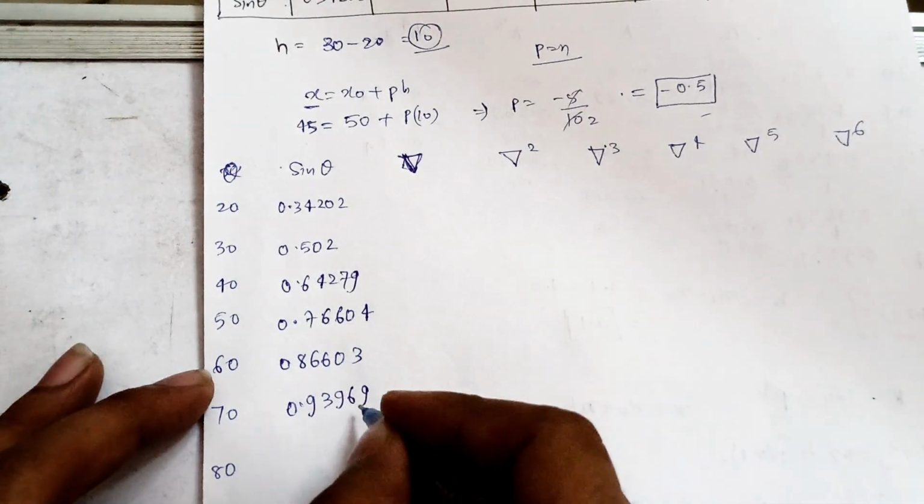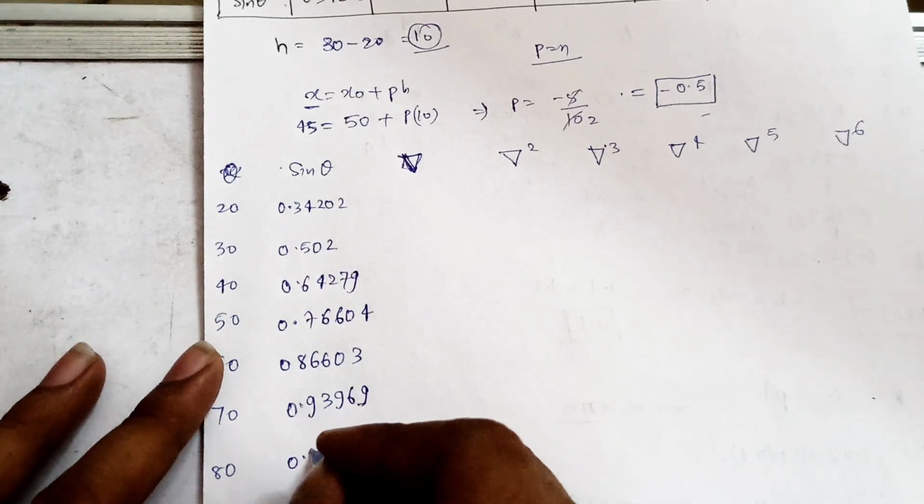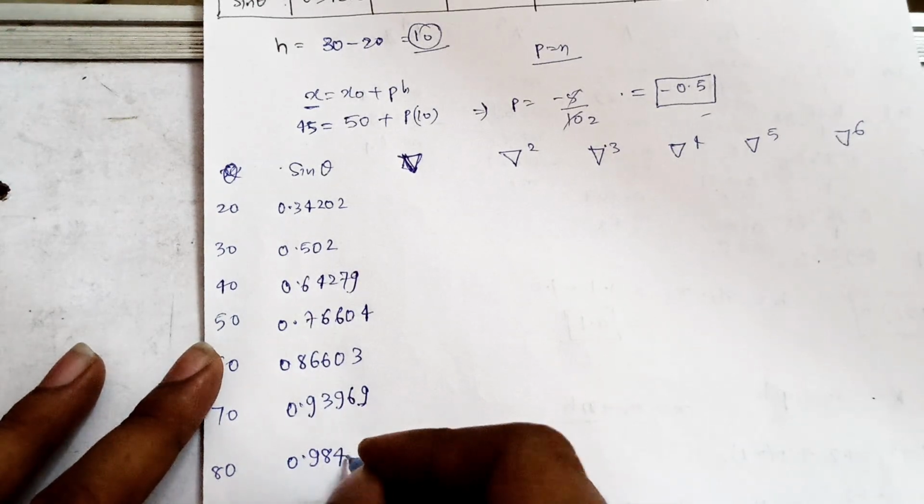So we have written every value which is given in the table already.